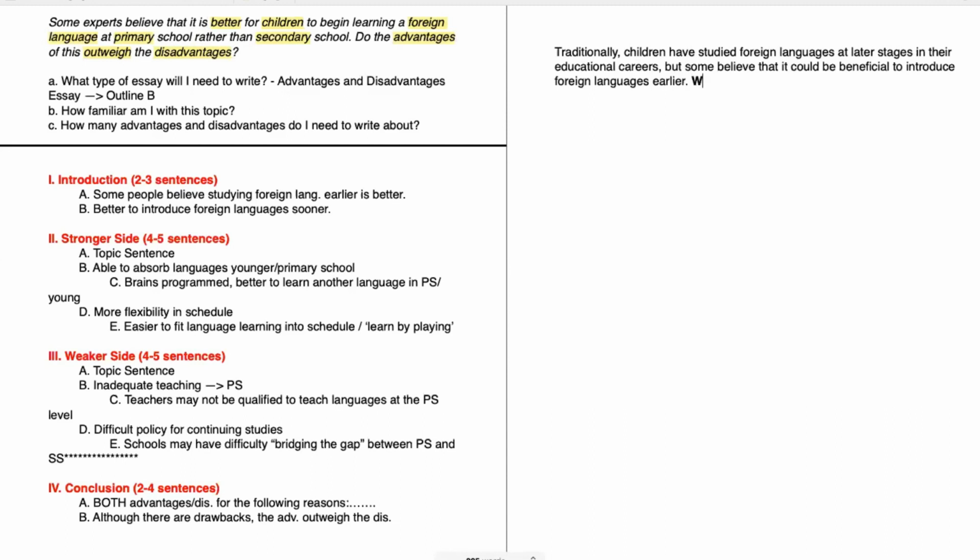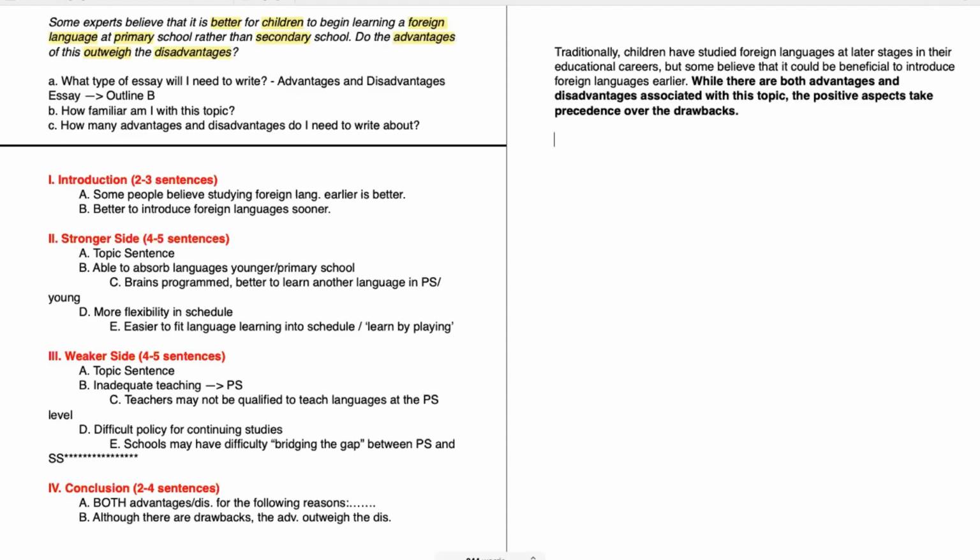And I'm going to say, while there are both advantages and disadvantages associated with this topic, the positive aspects, so the advantages, take precedence over the drawbacks. And this is great because I've used various synonyms. I haven't always relied on advantages and disadvantages. I've talked about what is positive and also drawbacks, which is another great way to say disadvantages. So I'm saying that while they both exist, my 2 points, the positive outweigh the disadvantages.